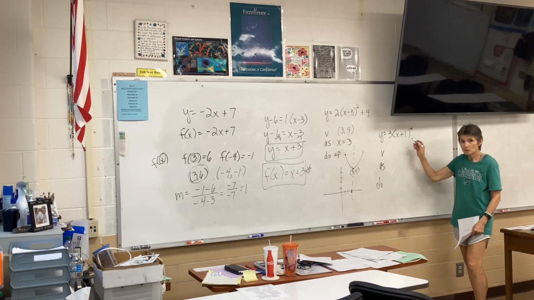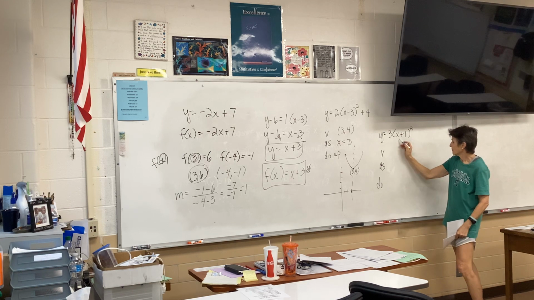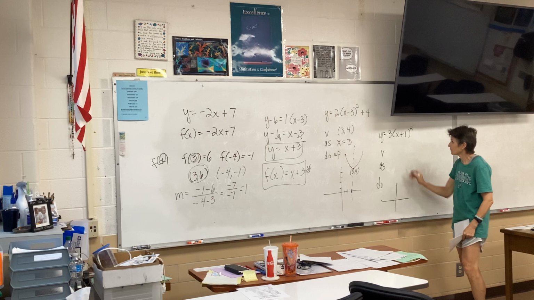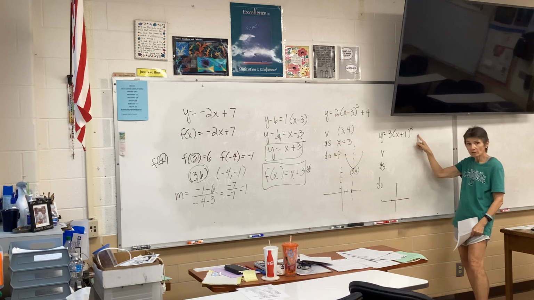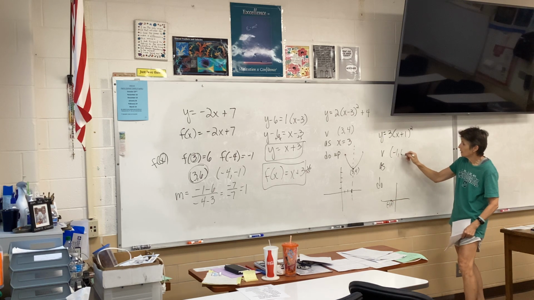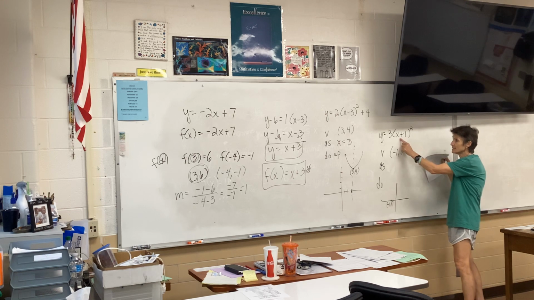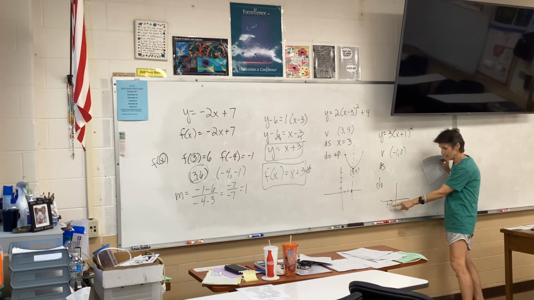Now, don't be confused by this. What does this tell me? I'm going to go 1 unit to the left. Now, have I gone up or down at all? No. So my vertex is just over here 1 unit to the left. So it's at (-1, 0). This tells me I go left 1.